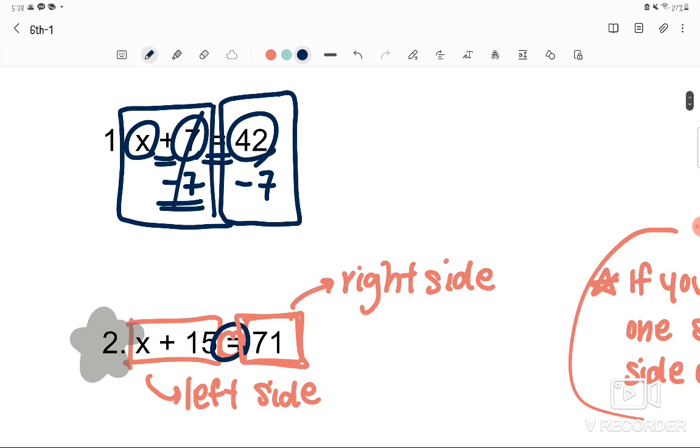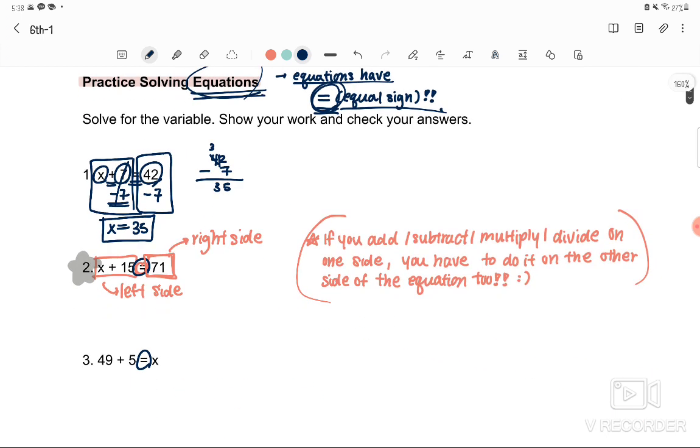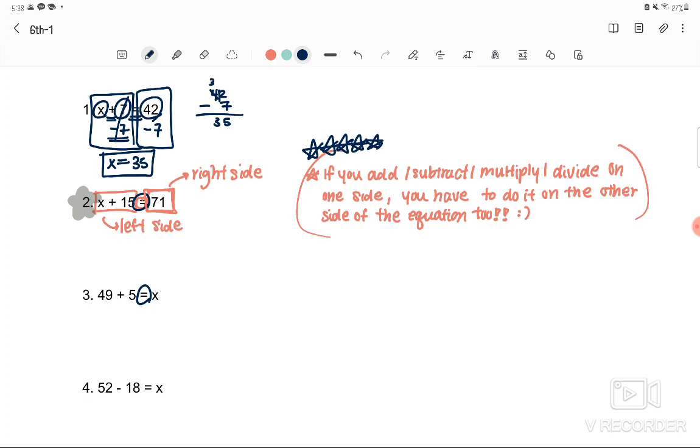So x is left by itself, and 42 minus 7 is 35. So x equals 35. This is really important, so I recommend you memorize this rule.